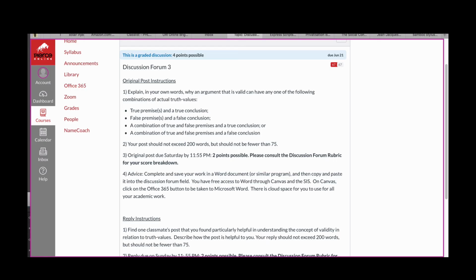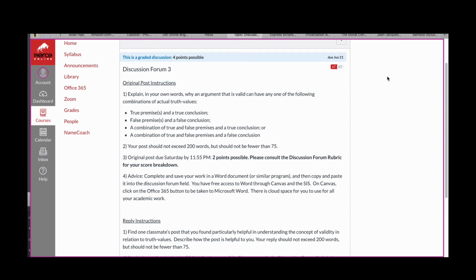So here we are in our third discussion forum. What I'm asking you to do is to discuss the nature of a valid argument in terms of the possible combinations of truth values that a valid argument can have. So recall, an argument is valid when it's impossible for the conclusion to be false if the premises are true.